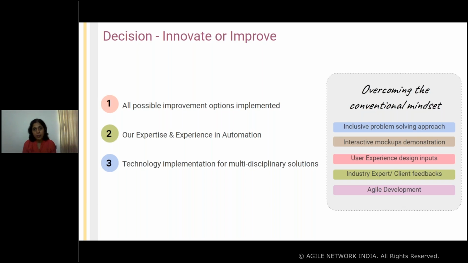So all our development team members and other teams who were supporting this development had very intensive and lengthy discussions with the domain experts for many days, to understand what they are doing at the moment and where we could bring innovation.